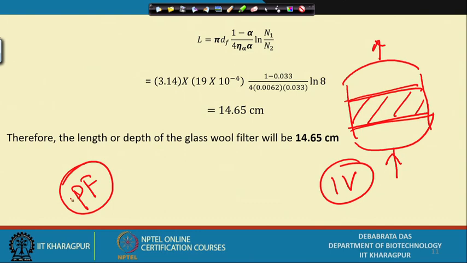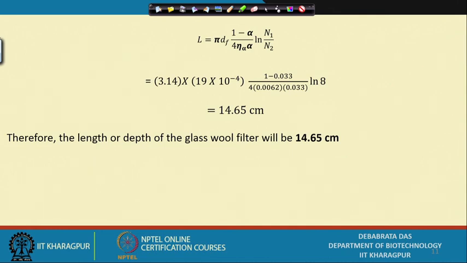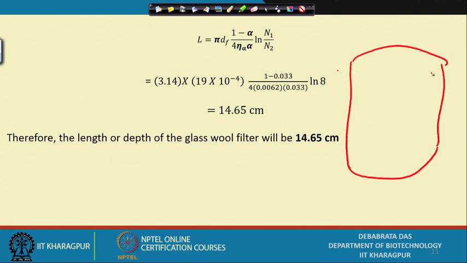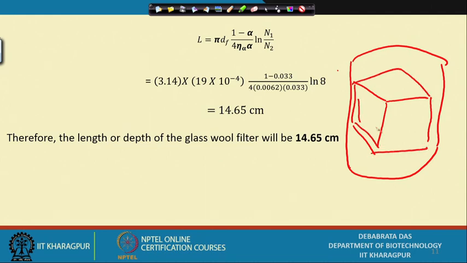The question comes, how can we reduce this? We can make the things very compact. How? Suppose inside this air filter we have a cubical arrangement like this. So we can increase the surface area, am I right?